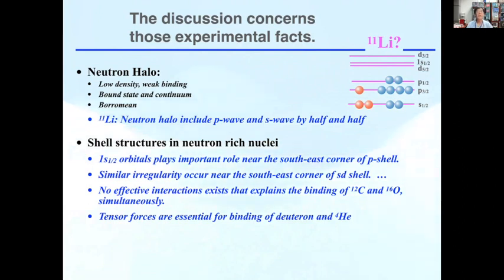But one of the main things that I want to connect to my talk today is that for the neutron halo in lithium-11, we study the wave function, and it is a mixture of P wave and S wave, almost half and half.